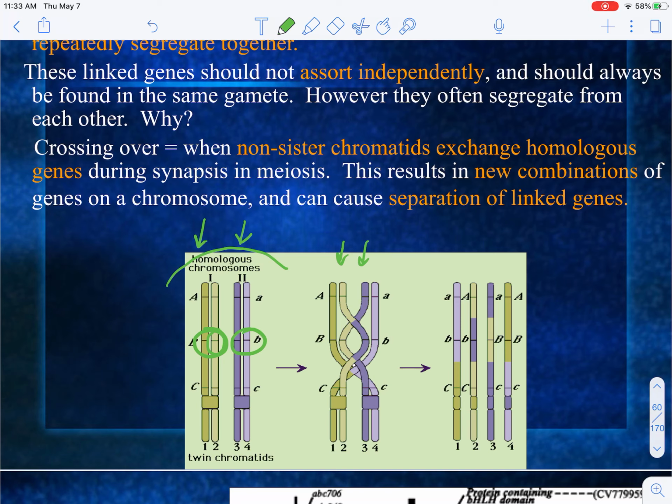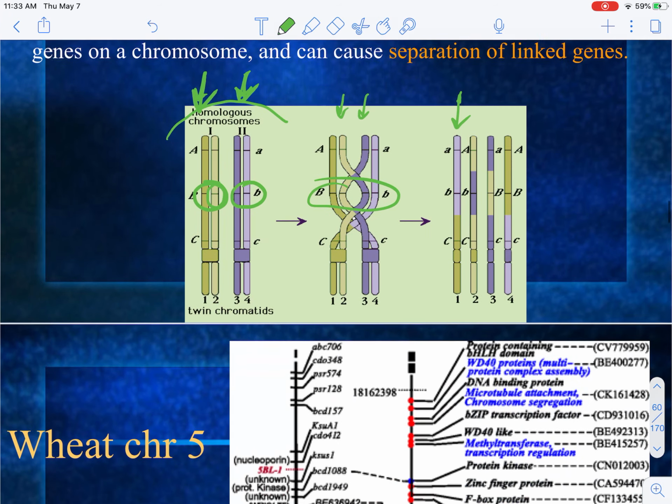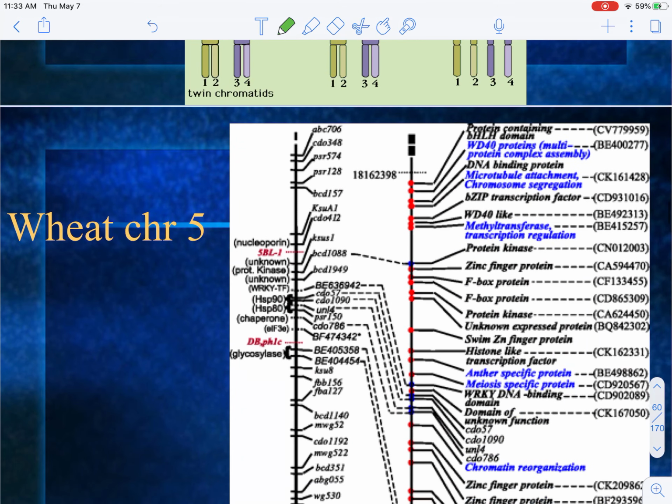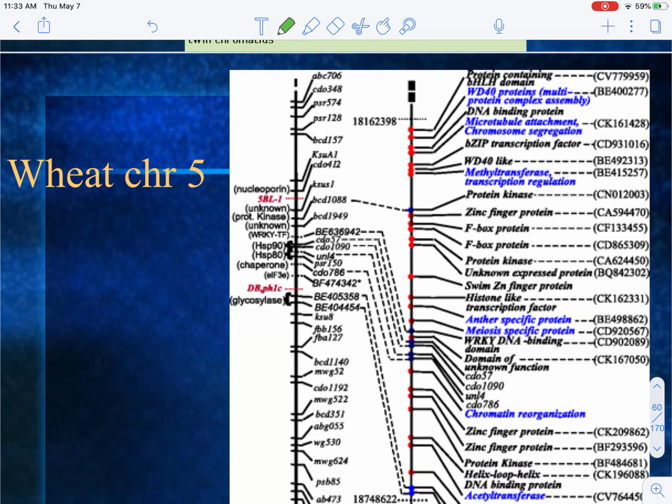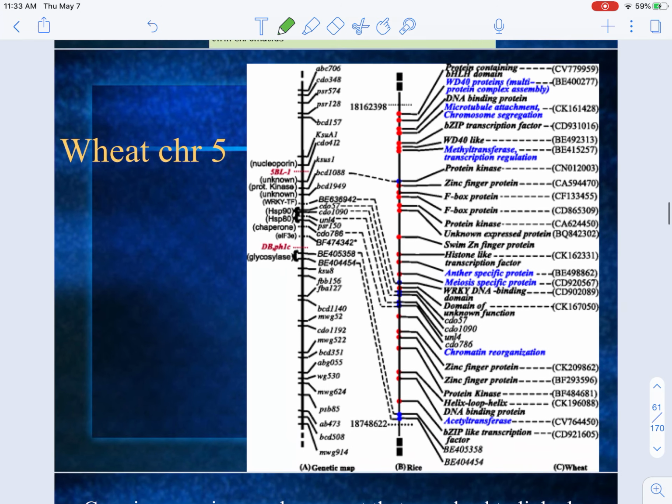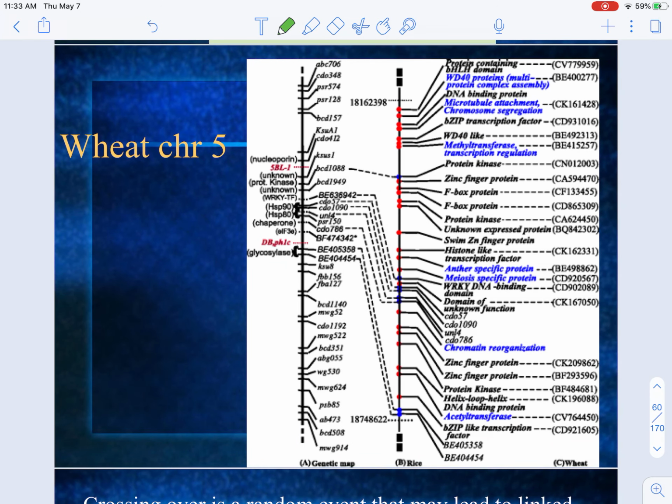So where this chromosome had a dominant and this had a recessive, because his parents had different genes for the letter B, they could swap places here, and the chromosome then will have a combination of genes, not just what we started off with from the one parent.